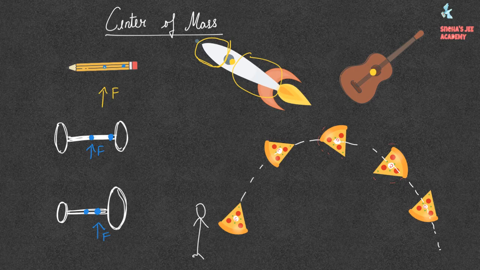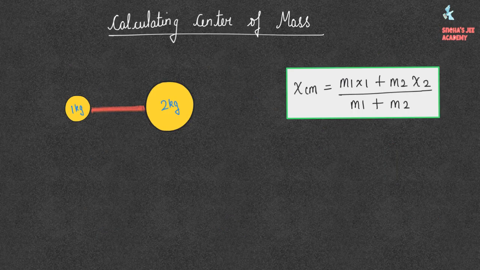So let's see how we can find where the center of mass is in a particular object. So we have two objects, one of 1 kg and second of 2 kg, suspended with a rod between them. So this is m1 and this is m2. We have a formula here to find the center of mass of any system.